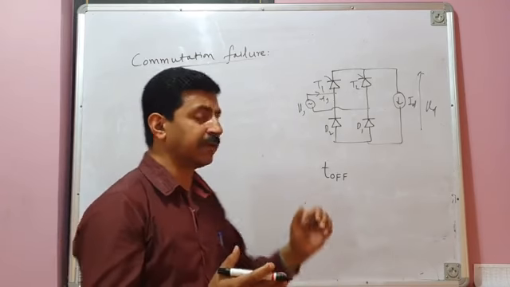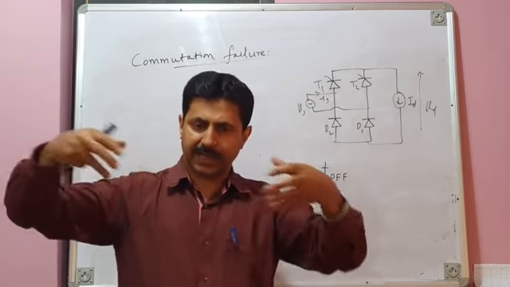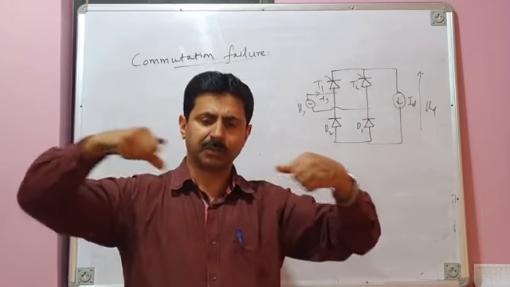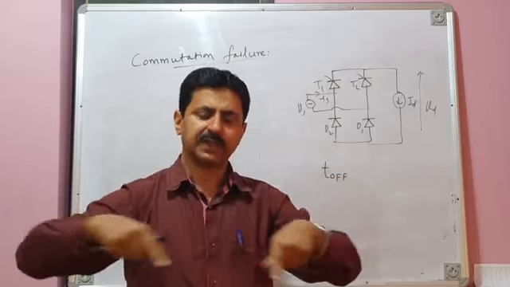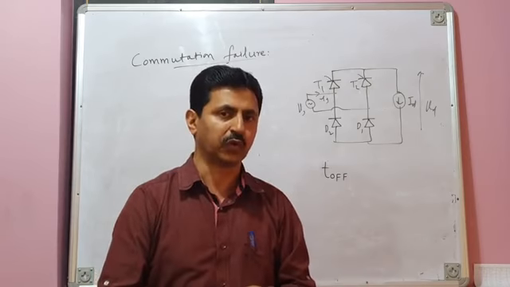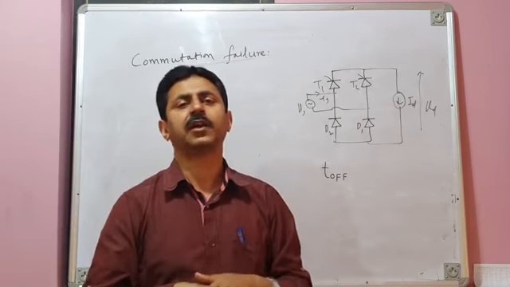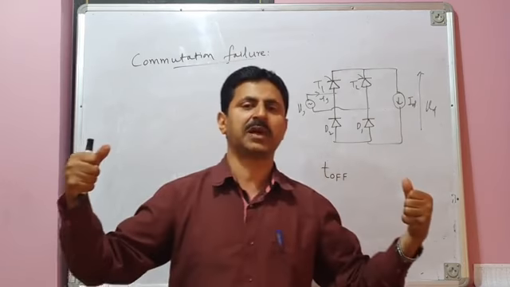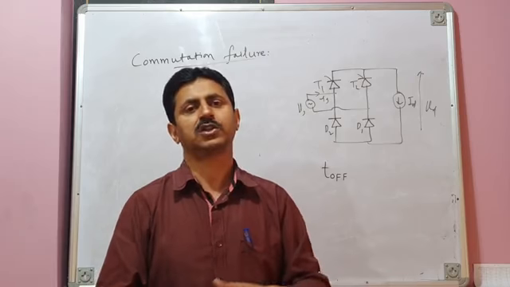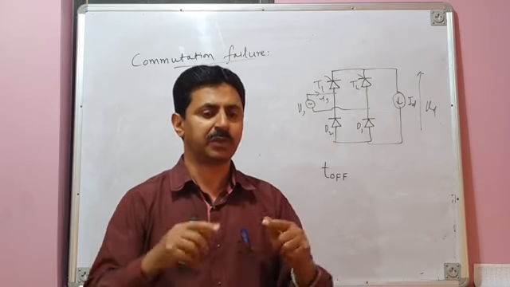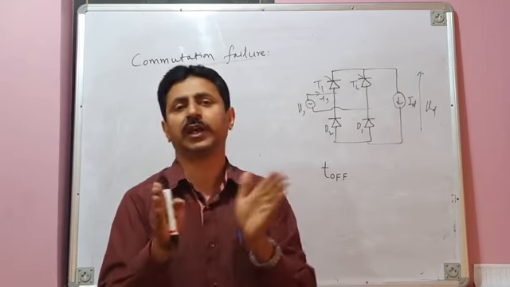During reverse recovery time, because of excess minority carriers in the outer two regions, a negative current, the reverse recovery current, flows. That current removes excess minority charge carriers from the outer two layers. Then we have to wait for some more time, called charge recombination time, during which internal recombination in the inner two layers takes place.